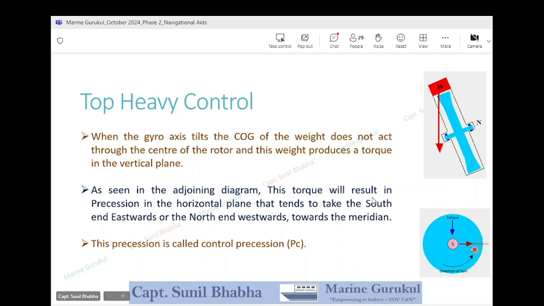And when the north end moves towards the west, it is moving back towards the meridian. In other words, the easterly motion of the spin axis is now checked or controlled by this top heavy arrangement. This precession is known as control precession, in short PC, capital P with a small c.